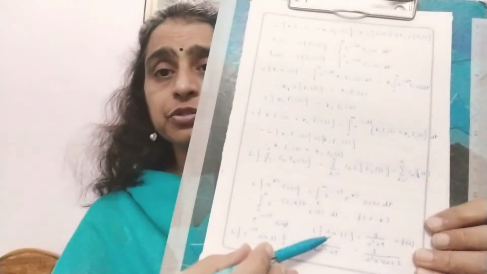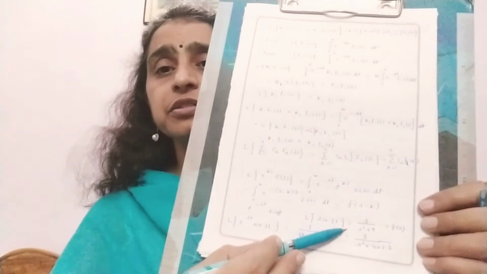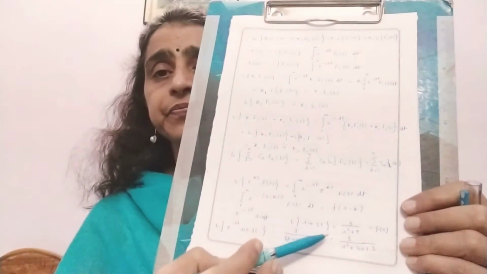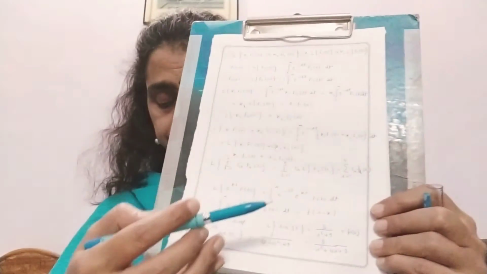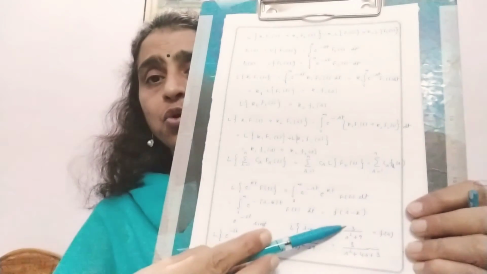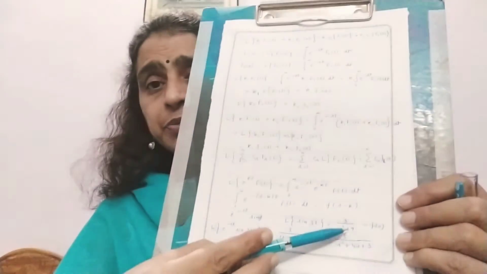In the left hand side, write down L of sin 3t. So, using the formula we studied earlier, its value on the right hand side will become equal to 3 over s square plus 9.